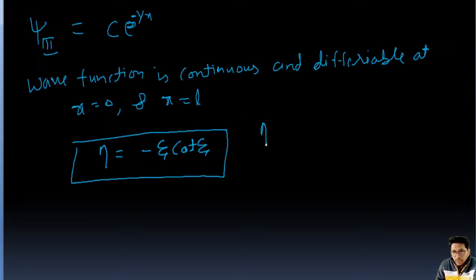Here the value of eta is kL, where L is the length, and the value of zeta is gamma L. If you know this, then you don't need to solve any wave functions at boundary conditions.